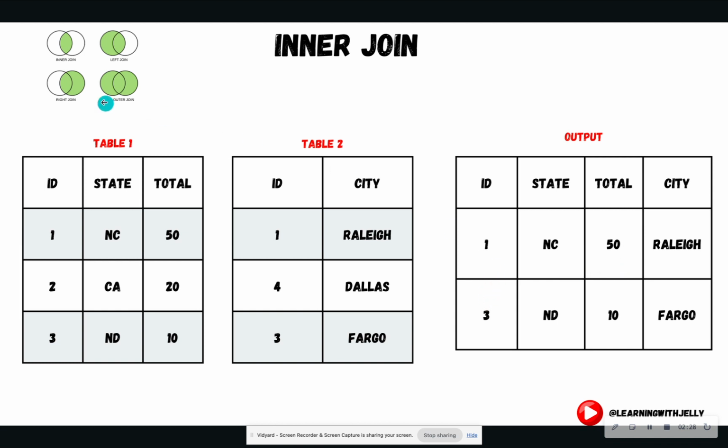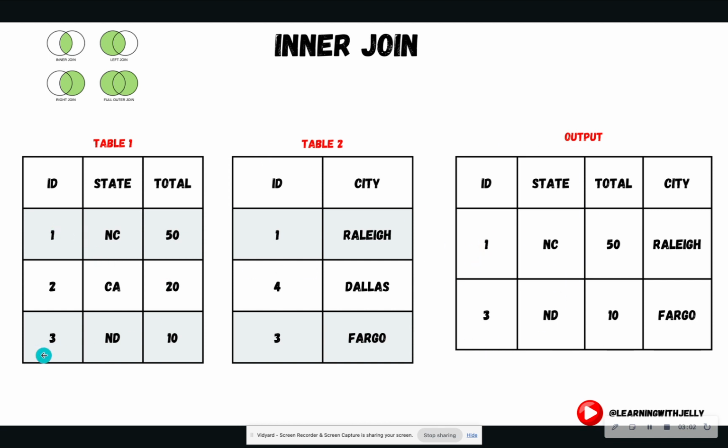So inner joins. As you can see, inner joins has the green highlighted in the intersection of the tables. That means it's only going to return matching rows. So this is table one, where I have the ID, state, and total column. Table two has ID and city. Notice that both of these tables share a common column like ID, so we can join these two tables on ID, and it's only going to return matching rows.